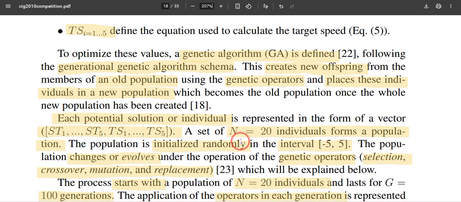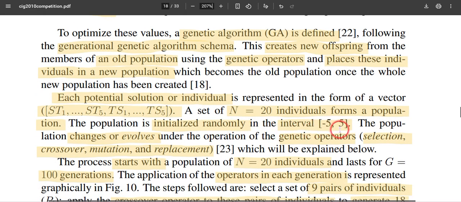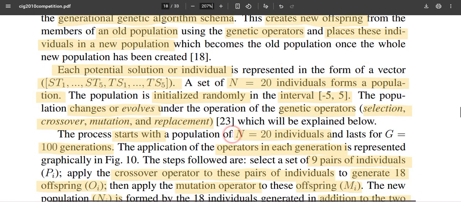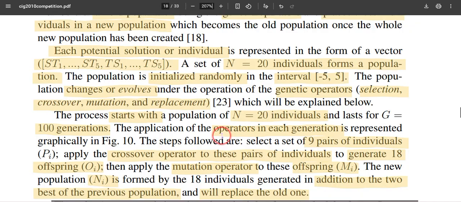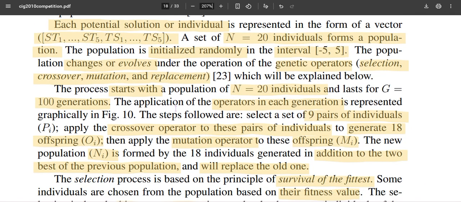First, initially n equals 20 individuals are taken as a population, and they are randomly initialized from -5 to +5. Then there are 4 processes: selection, crossover, mutation, and replacement, applied repeatedly for 100 generations, and from that the final tuned parameters will be utilized for racing in the Autopia.